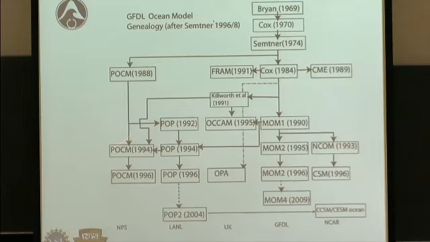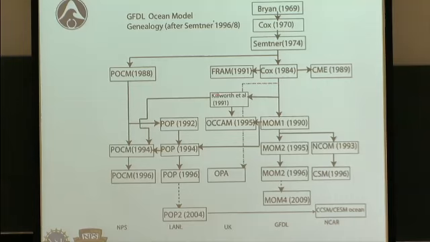This is Bert Sentner's work when he was at NCAR. Primarily, this is just taking the Cox model and parallelizing it to run on the Cray, and then changing resolutions and adding a few more things. And then it stopped because there were changes to computer architecture, and NCAR didn't get a new massively parallel computer. So there was work put into the POP model, which is a multiprocessor type of model, and there's a tight correlation between Bert Sentner's work here and the work that went on at Los Alamos.